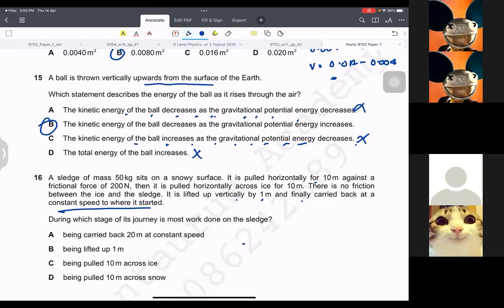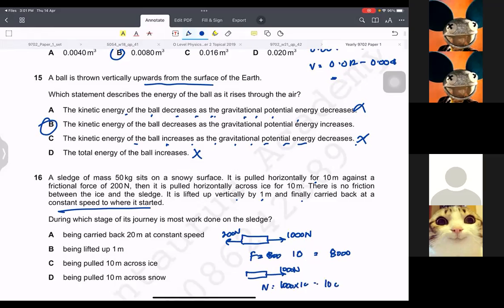So let's suppose this is the sledge and you're applying like 1000 newtons, right? And there is 200 newtons friction initially. So the total force is going to be 800. And whatever distance you move, let's say it goes 10 meters. So 800 into 10 would be 8,000, right? On ice, however, you're applying the same force of 1000 and the work will be 1000 times 10.